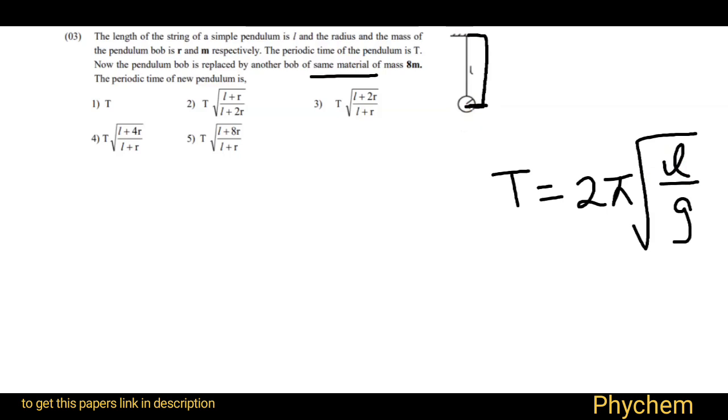So initially the length is not L; you have to consider it as L plus R. But normally you can say that the periodic time of a pendulum doesn't depend on the mass, it only depends on L, so you might suddenly conclude the answer is the first one.